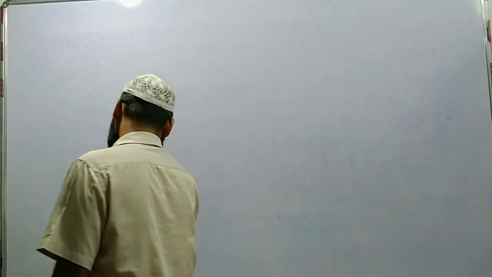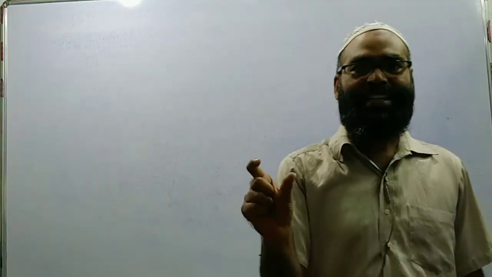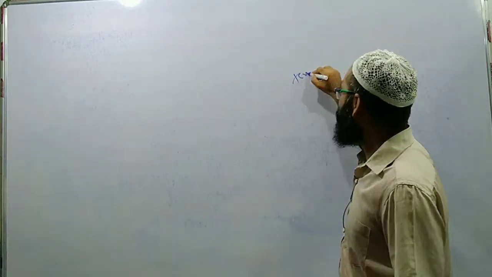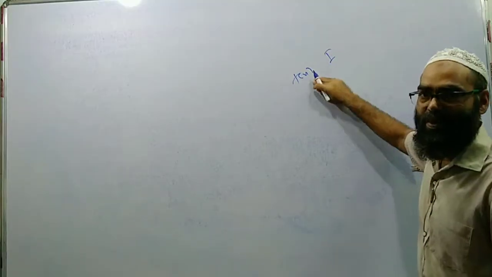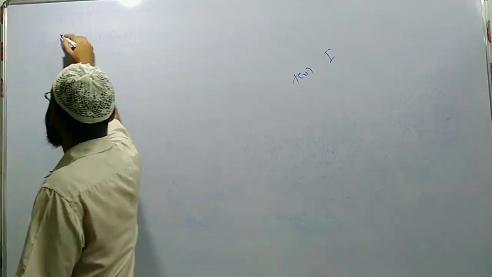Now, if a function f(x) is uniformly continuous on I, it can be proved that the function must be continuous thereon. That is, if f(x) is uniformly continuous on I, then f(x) is simply continuous on I. Next, number 2.